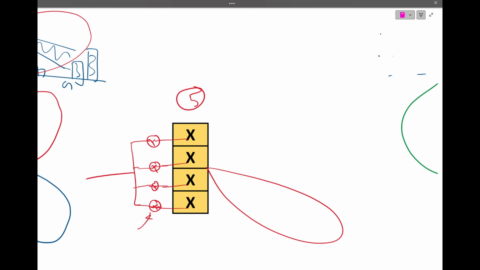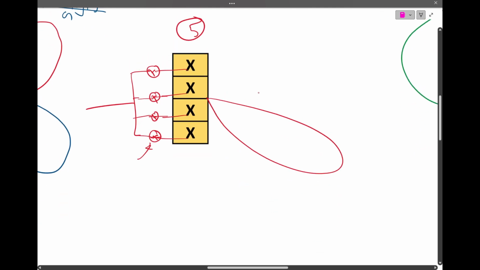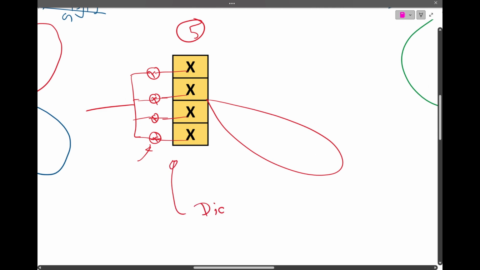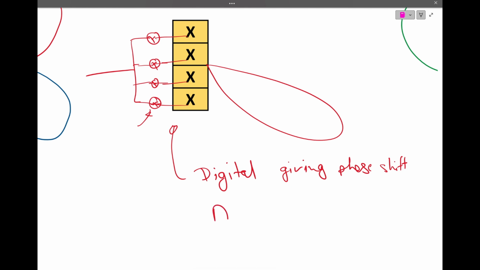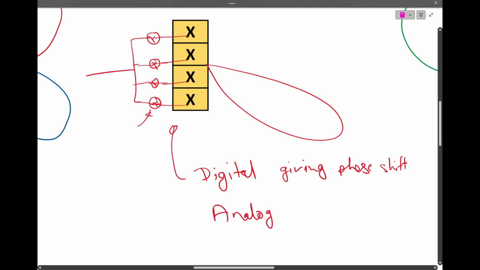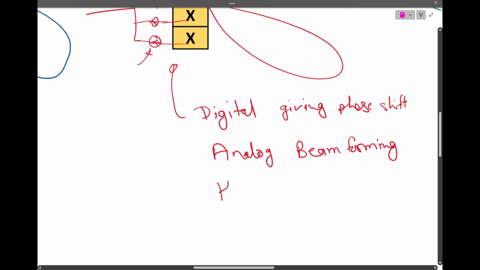The way we are giving the phase shifts can be divided into different parts: digitally giving the phase shift, or you can call it digital beamforming, or analog beamforming, or hybrid.